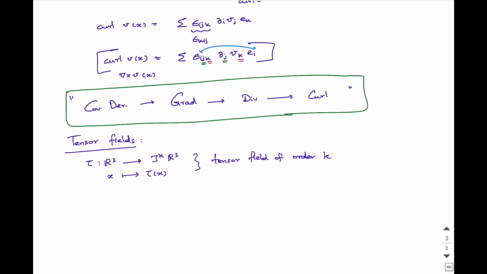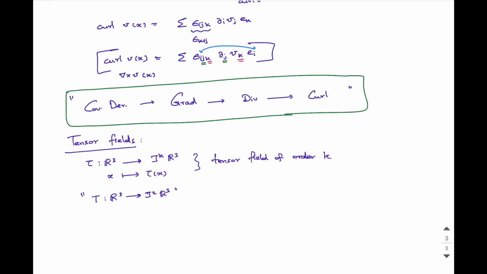What we want to do is to compute the covariant derivative of this tensor, and from that compute the gradient, and from that the divergence, and from that the curl. There are some slightly non-trivial aspects. For all the illustrations, I will use a second order tensor field, which I'll write as t from R3 to T2 of R3. This is just for concrete calculations.